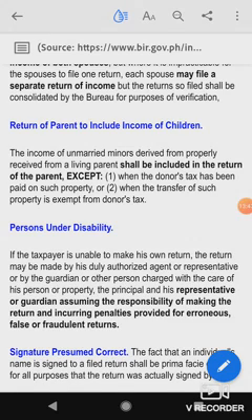So the income that is to be included, therefore, to summarize, should be included in the return of the parent. This is pertaining to the income of unmarried minors from property received from their living parents.